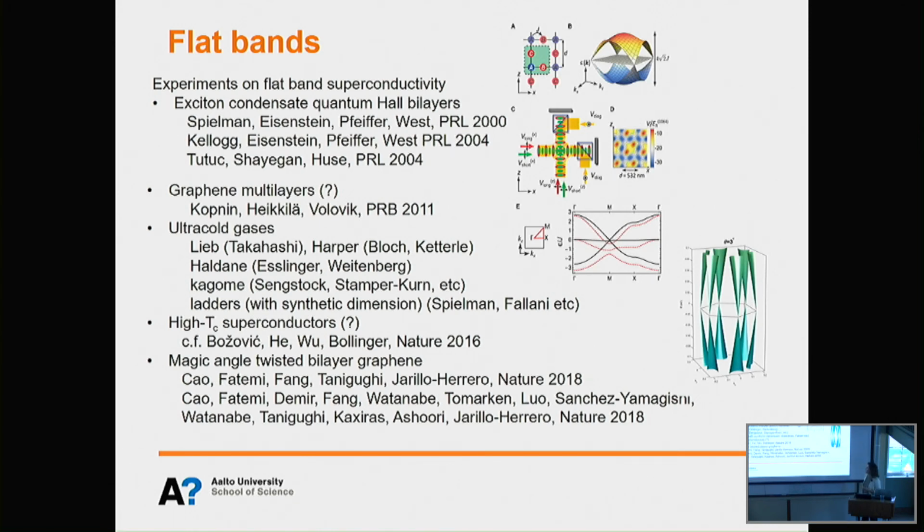That's really interesting because the superconductivity appears when the Fermi level is at a flat band. By changing some parameters, basically the angle, they can have different kinds of band structures, and the superconductivity coincides with the flat band.